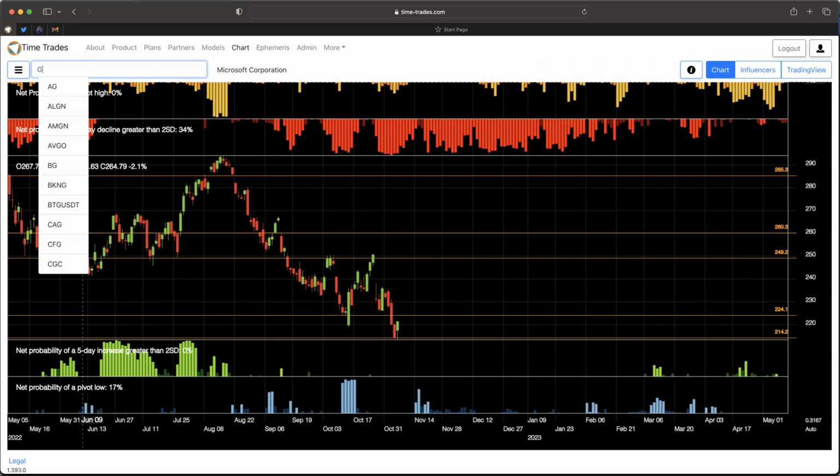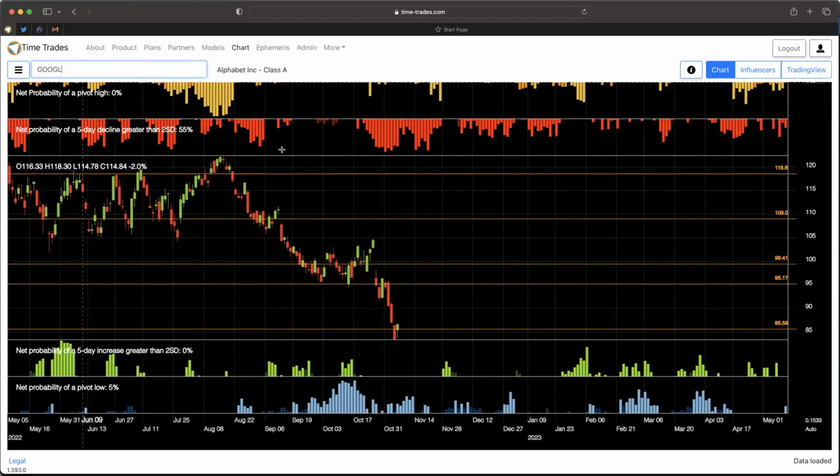Okay, so that's Microsoft. Let's look at Google. Google has another reduction of down days this coming week. It has the lowest probability of down days November 9th. We also see some pivot lows here, so it's a little bit out of sync, kind of like Microsoft.